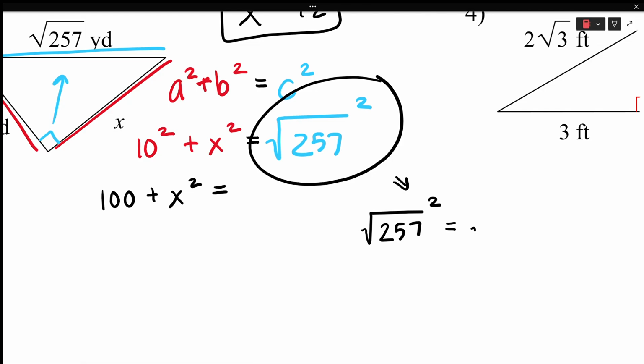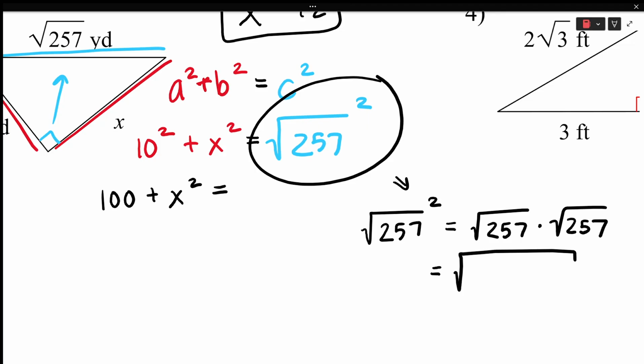So this means you're doing square root of 257 times square root of 257, right? And then if I'm multiplying two square roots, you just multiply those two numbers under the same square root. So 257 times 257 is going to get you 66,049.